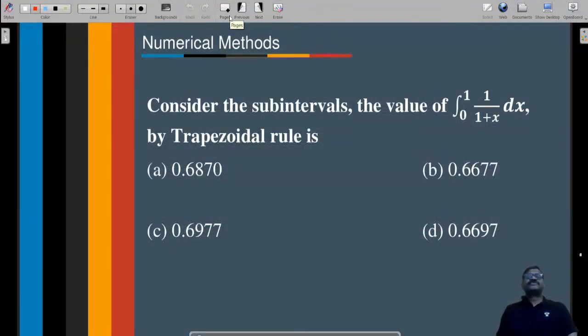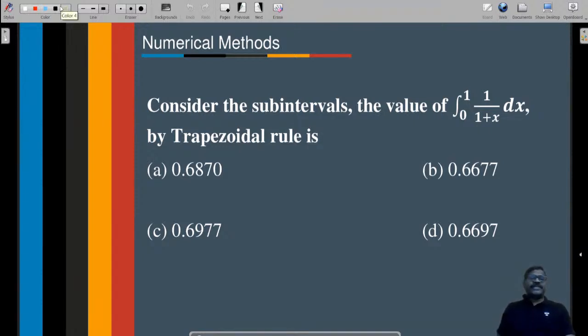Next problem. Consider the subintervals. The value of integral 1 by 1 plus x dx by trapezoidal rule is. Consider how many subintervals? He has not mentioned how many subintervals here.